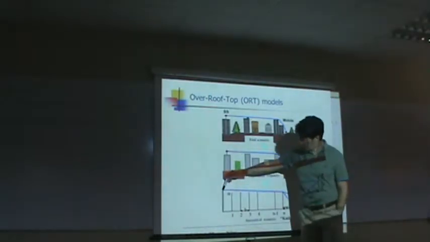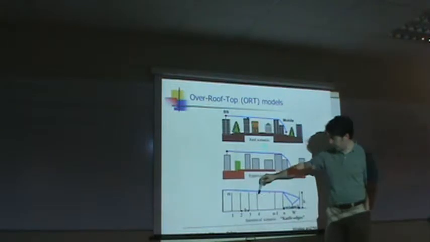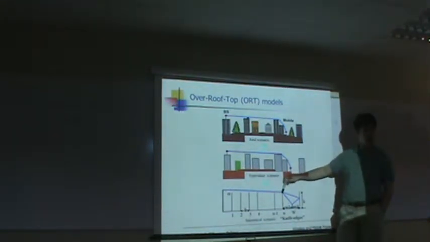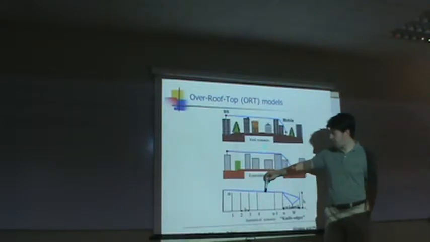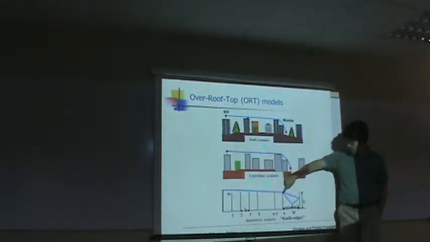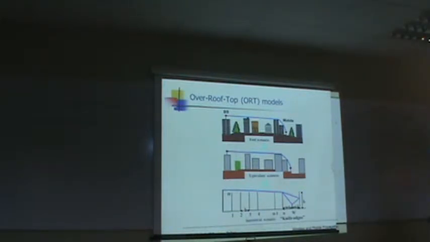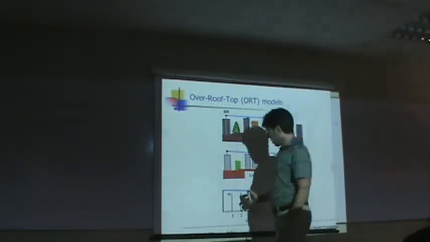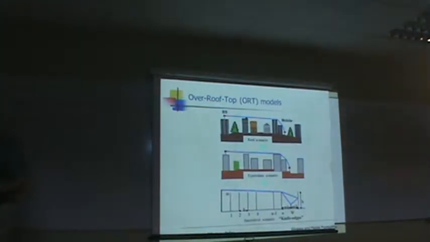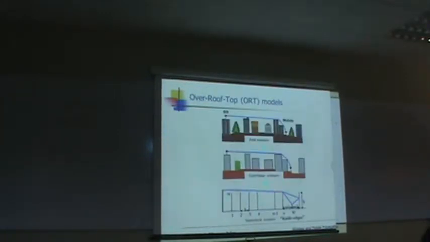So what the over-the-rooftop model does is compute all the extra losses due to those knife edges up to here, and then you compute the last piece of radio link using a deterministic method. So in this sense, this model is hybrid, because you need anyway a description of the scenario.